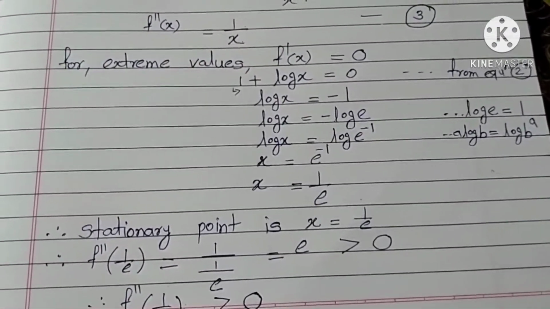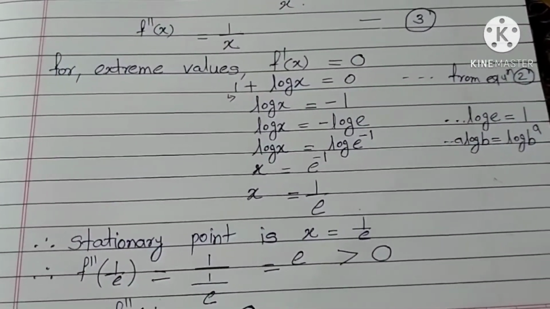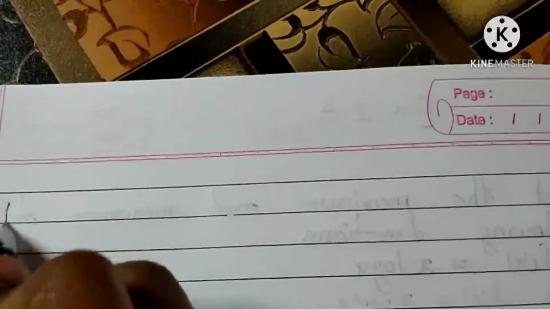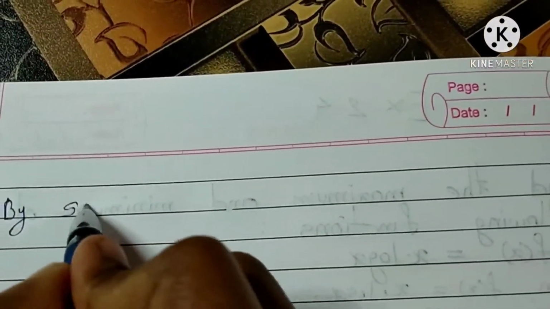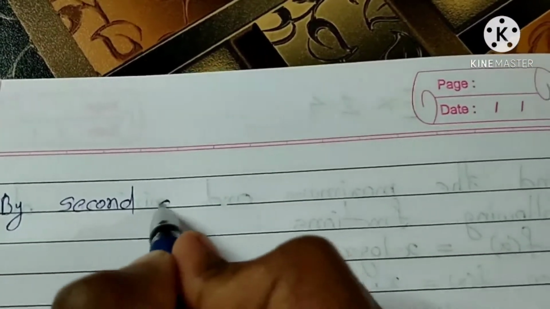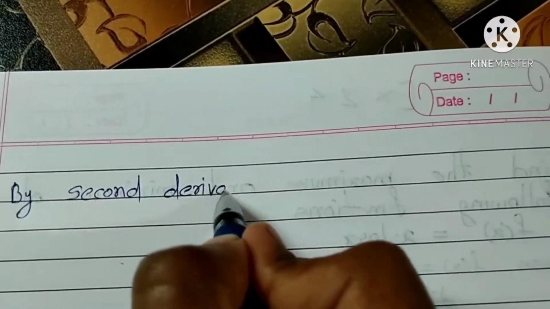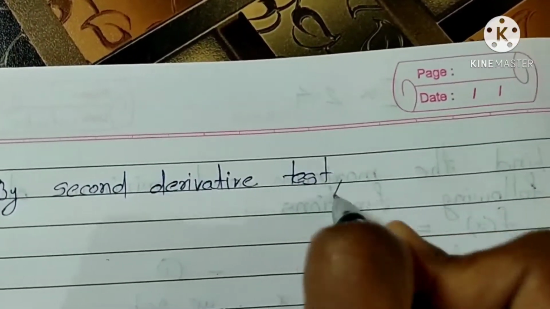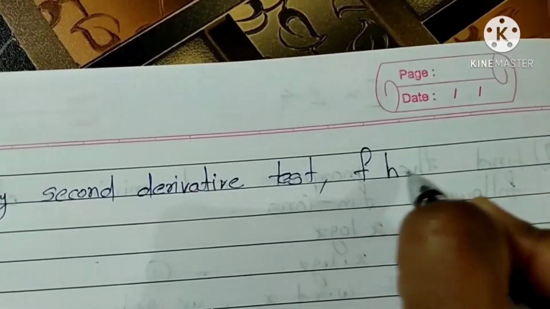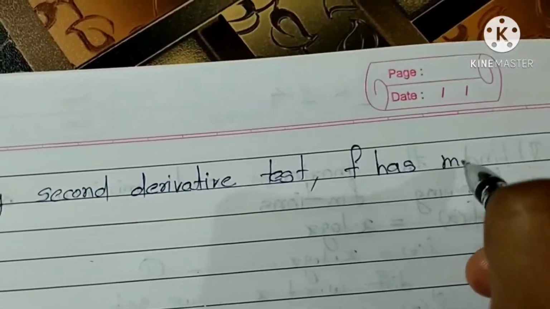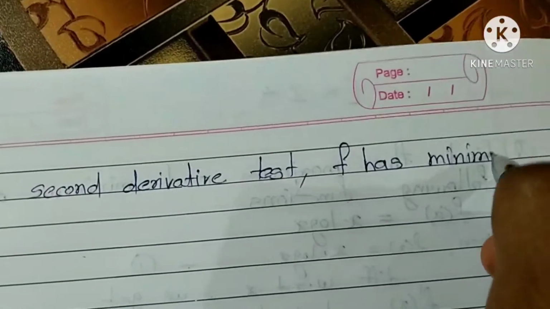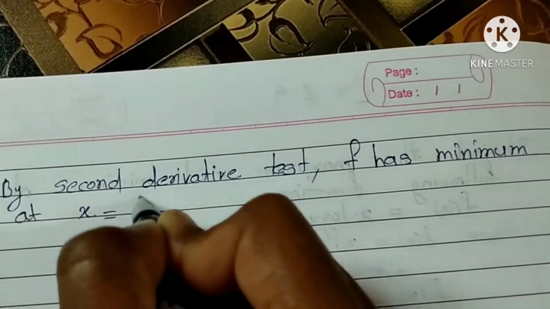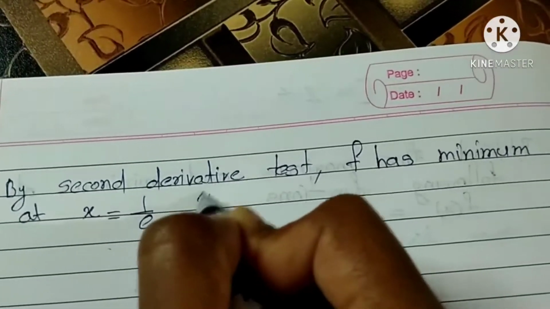And now we conclude by the second derivative test that f has a minimum at x equal to 1 upon e.